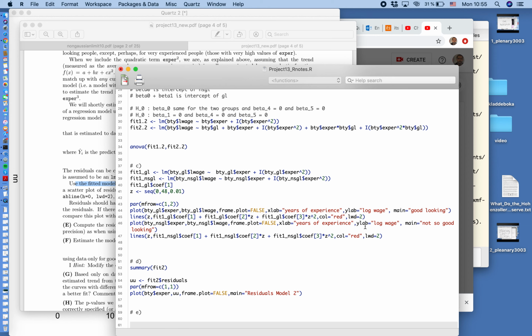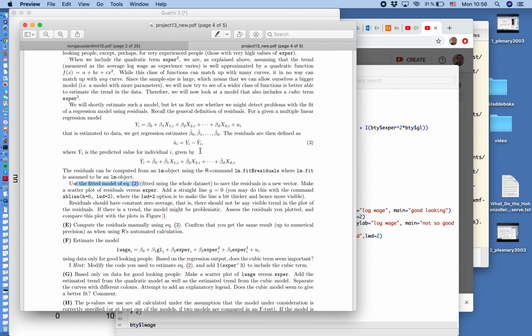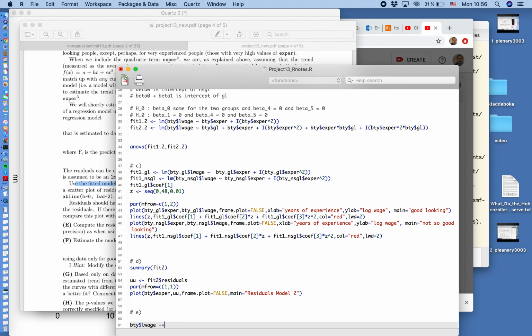So we first need the log wage, which is the y, and then we take minus y hat.